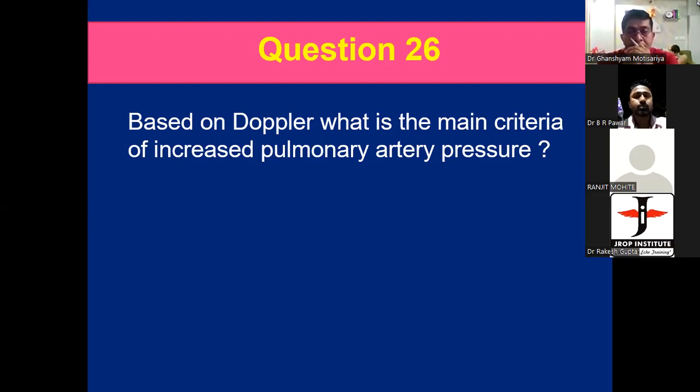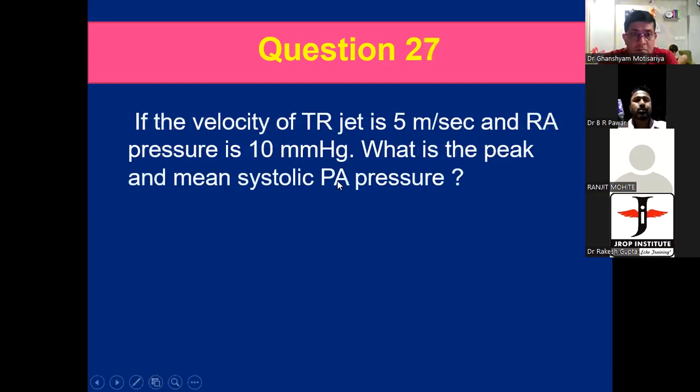All right, Dr. Ranjit Shankar Moite. Ranjit, are you there? Yes, sir. Question for you. If the TR jet velocity is 5 meters per second, RA pressure is 10, what is the peak and what is the mean systolic pulmonary artery pressure? Ranjit?